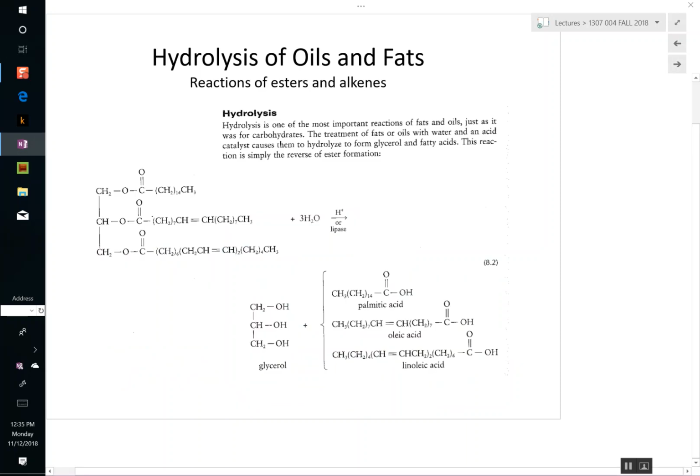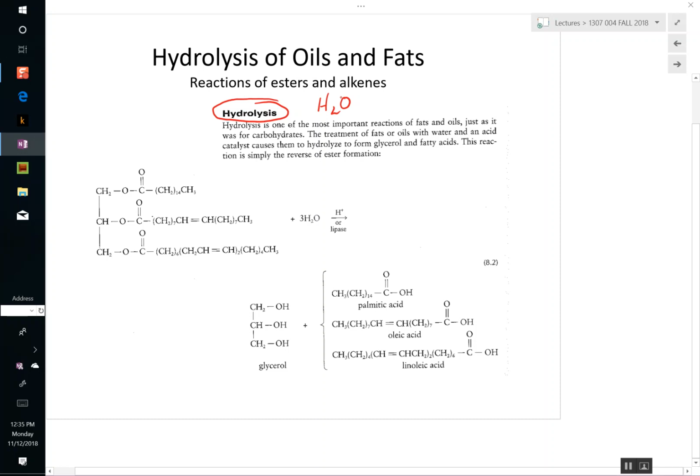All right, so the next 3 slides just give an example of those 3 reactions. Here's the first one, hydrolysis. We're reacting it with water. We have our triglyceride. It's a triester. React it with water in the presence of an acid. And we get glycerol and the 3 fatty acids.